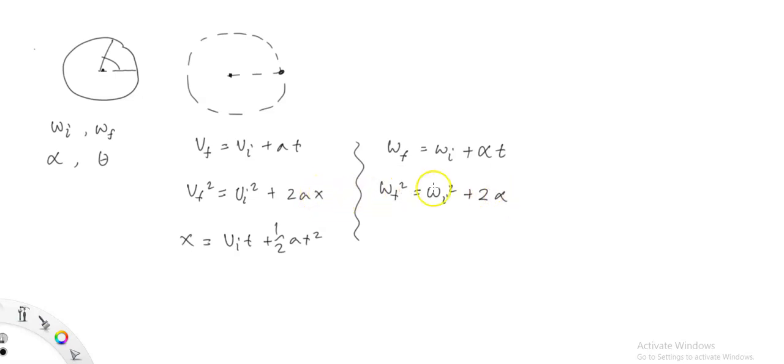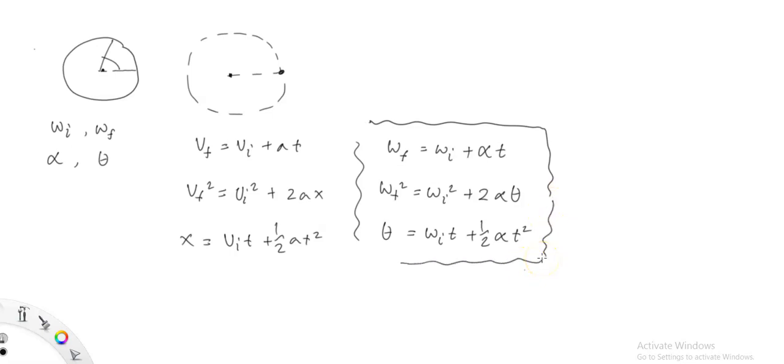This is distance, this will be theta. X is theta. Then theta equals omega initial t plus half alpha t squared. You see, time is going to be common in both the equations. So these are the rotational counterparts, or rotational kinematic equations of motion. So this is also very, very important.